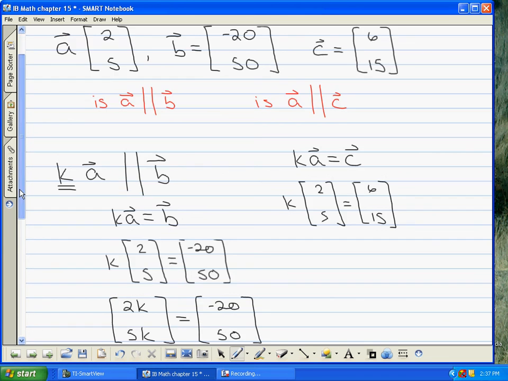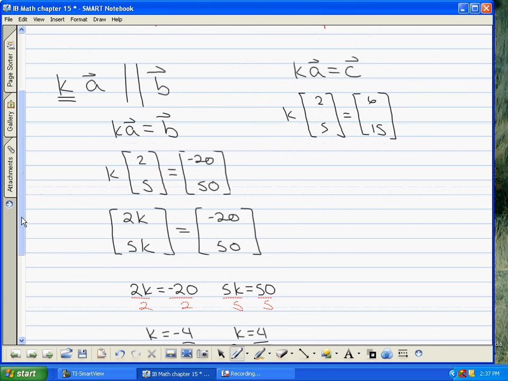Using the distributive property, I end up with vector 2k, 5k is equal to vector 6, 15.